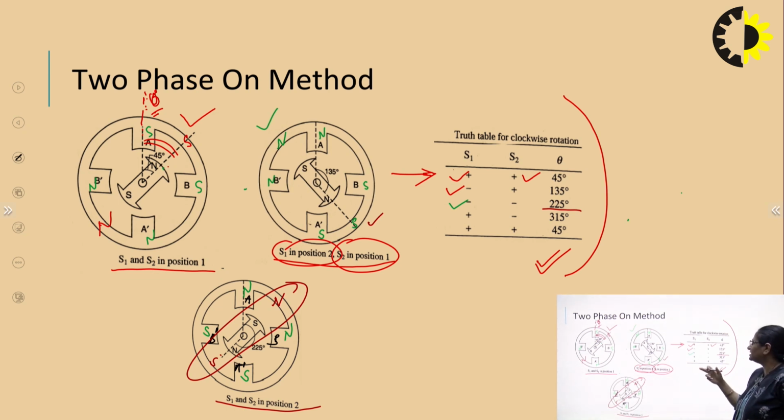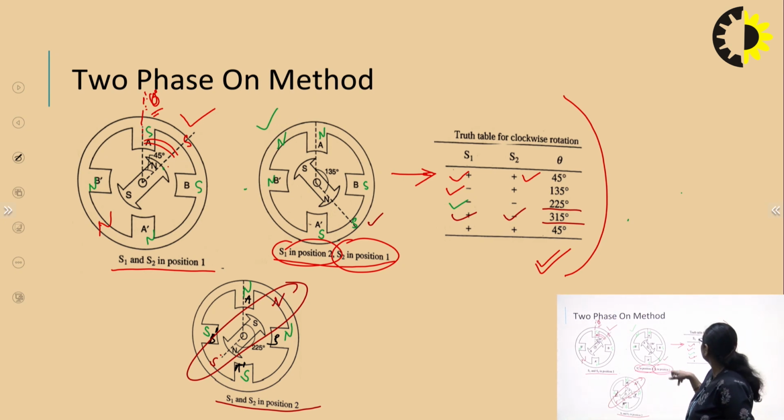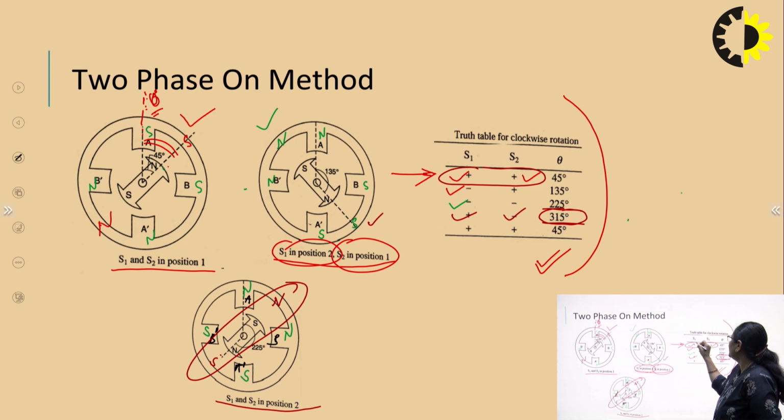The next possible sequence is switch S1 in position 1, that is phase A current positive, phase B current negative, and you will find the rotor rotation by another 90 degree in the same clockwise direction, and the rotor position with respect to the reference angle would be 315 degrees, right? If we again come back to the first position, you will find the rotor position at an angle of 45 degree.